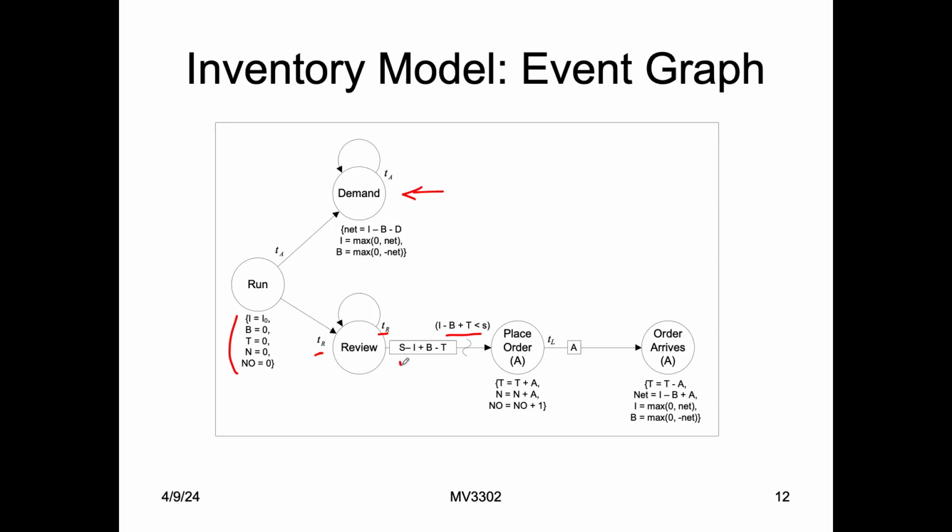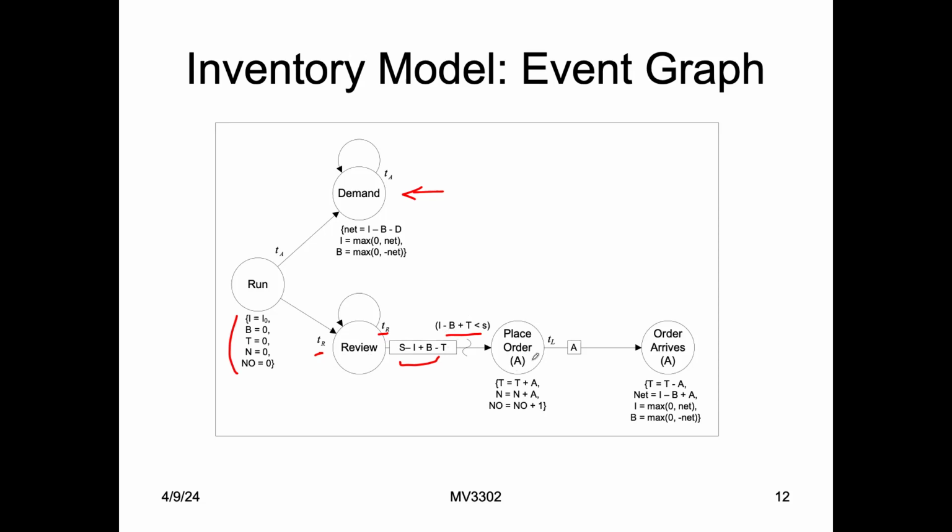And then this says how much we actually order. So our order-up-to amount minus that net position. And that is what gets scheduled to the place order event, which I'm now just going to call A for the amount. And whenever I do a review, this quantity is going to be different. I don't know what that is beforehand. I don't know what it's going to be until I actually place the review.